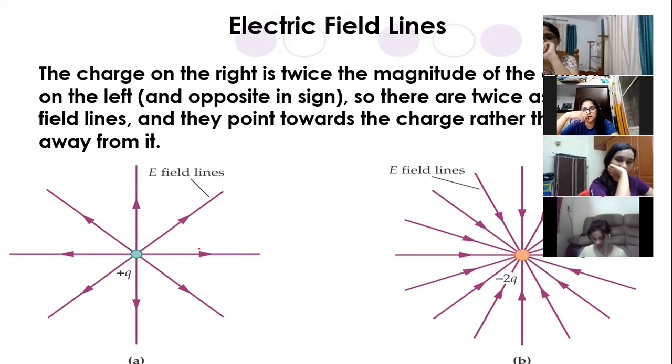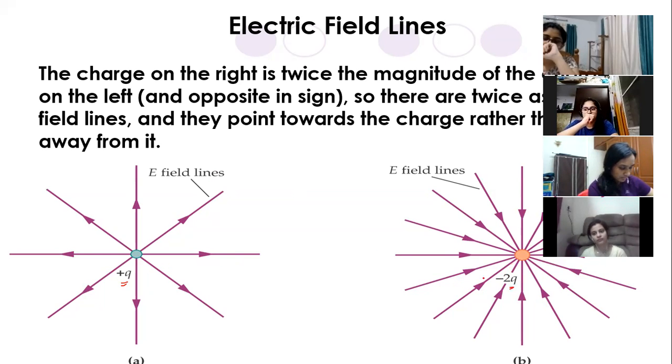Once again, if you look at these two figures, they reiterate whatever we have discussed. This is plus Q. It starts from the charge and goes towards infinity. These are the electric field lines. Suppose you take this as minus 2Q, meaning magnitude-wise it is double.